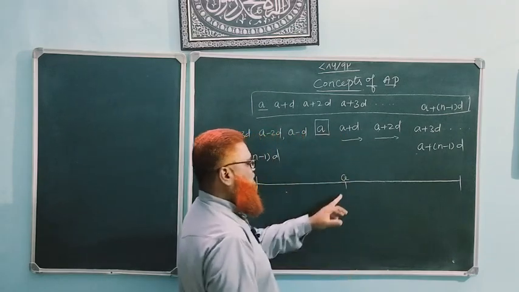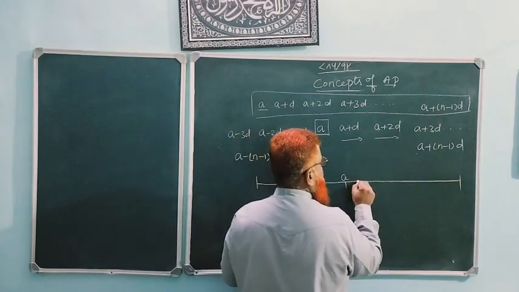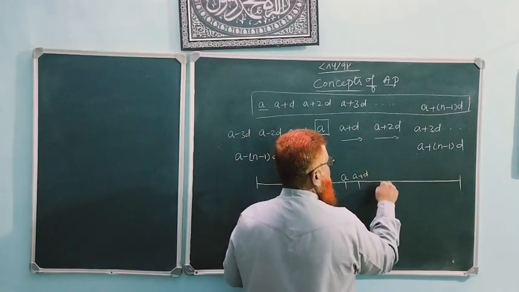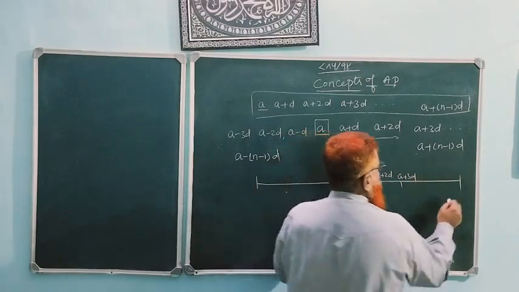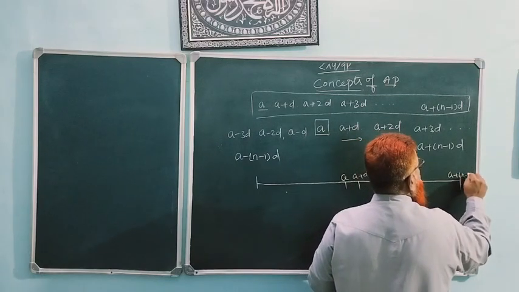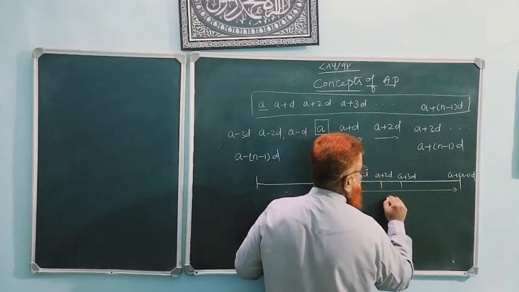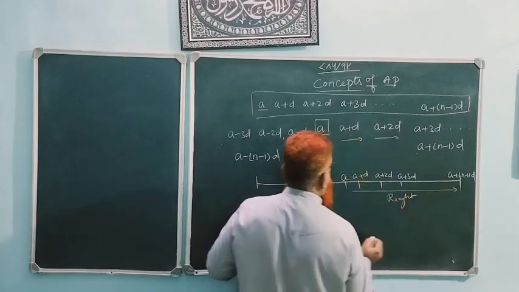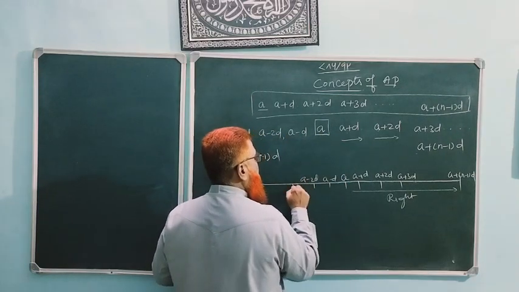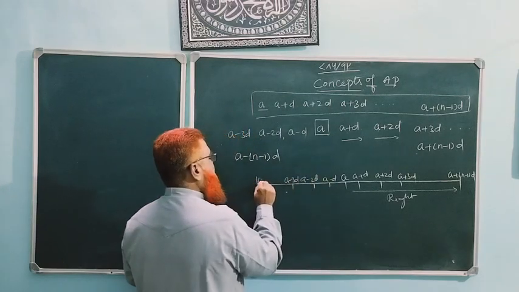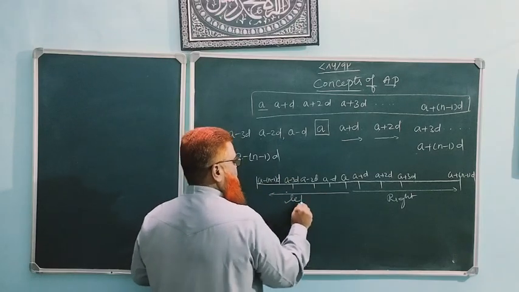In the middle, in place of 0, I represent A. Then A plus D, A plus 2D, A plus 3D, and the last is A plus n minus 1 into D, all to the right of A. And what about this? A minus D, A minus 2D, A minus 3D, and A minus n minus 1 into D, all to the left.